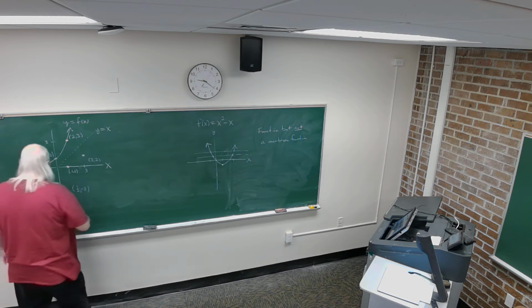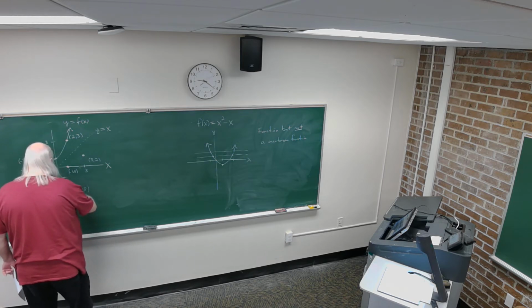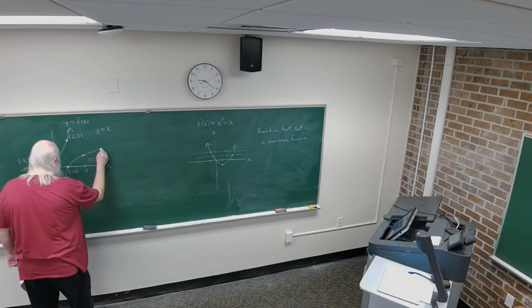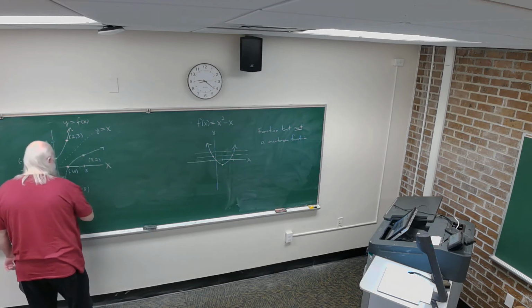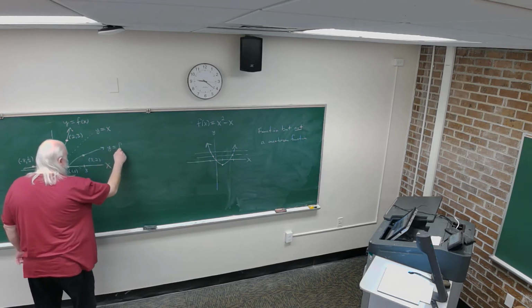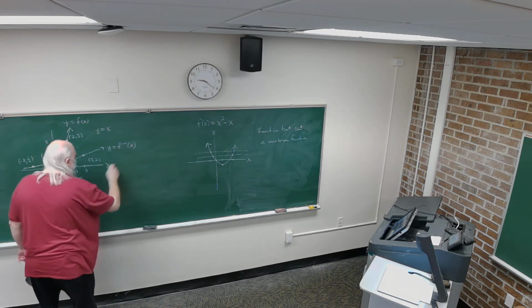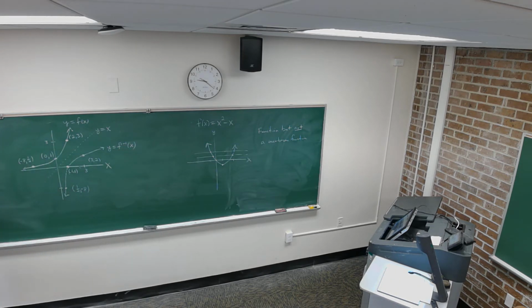And now when I draw a curve through those points, I get the graph of the inverse function. And you can see, to the best of my ability, the graph of f of x is a mirror image of the graph of f inverse of x across this diagonal line, y equals x, and vice versa.